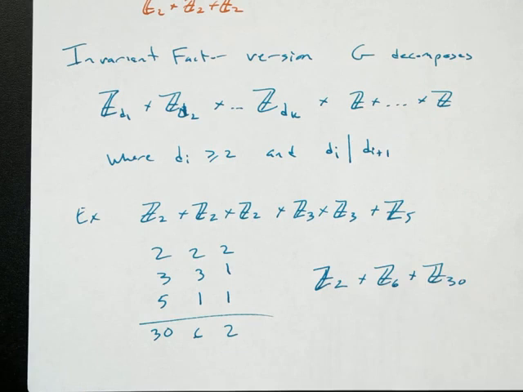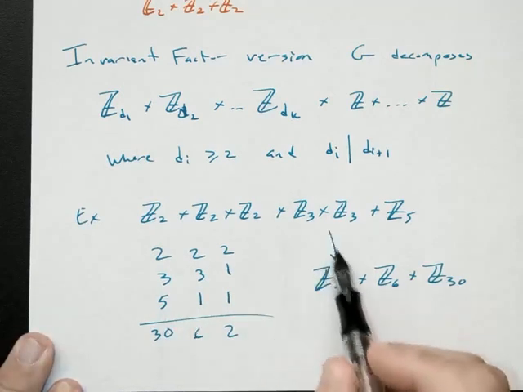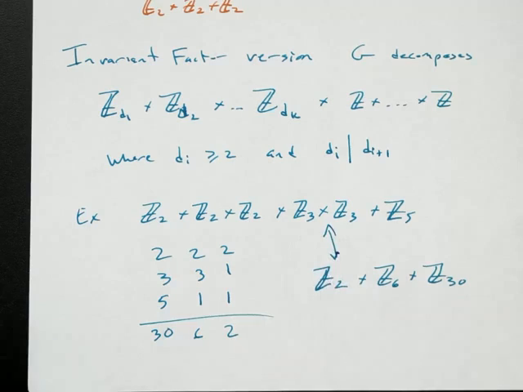Now Z6, that's a 2 and a 3. Those are relatively prime. So technically, that's Z2 times Z3, isn't it? And 2, 3, 5, those are all relatively prime. So those break up. So this is the same as that. I can turn my primary factor into an invariant factor with this little table idea.